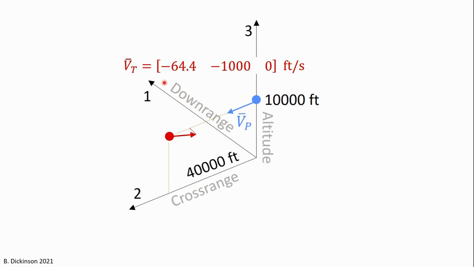So if it weren't for this small velocity component of the target in the downrange direction, the pursuer and target would initially be on a collision course. This small downrange component of velocity in the target is what's responsible for the zero effort miss being non-zero in the downrange direction initially.